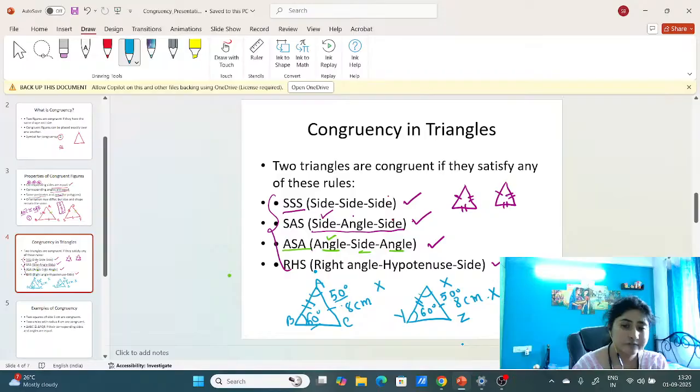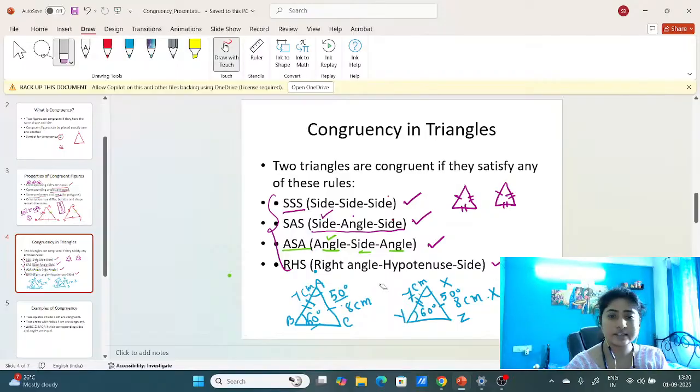Now, if they have the same measurement, like if this is also 7 centimeter, then we can say that these two triangles ABC and XYZ are satisfying the criteria of ASA. So we can say that these two triangles are congruent.